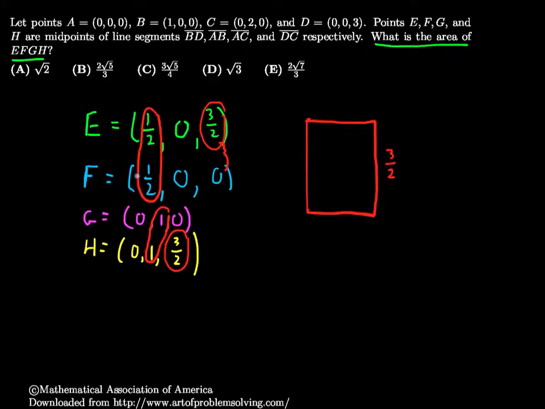So from there we get 1 half squared plus 1 squared is equal to this width squared. That means the width will equal the square root of 1/4 plus 1, which is 5/4, which is equal to root 5 divided by 2.